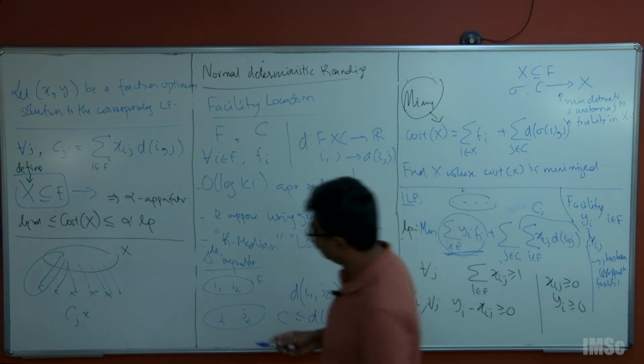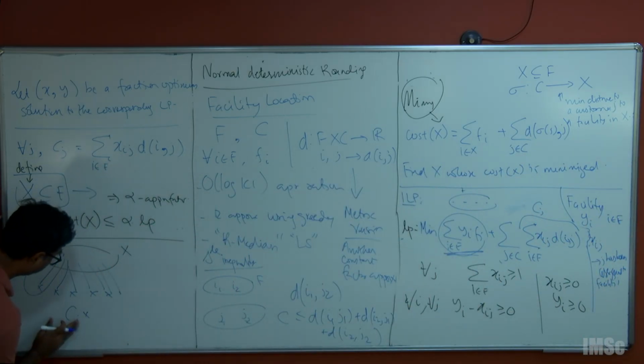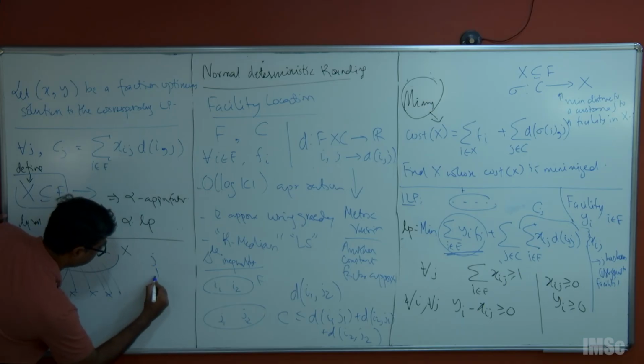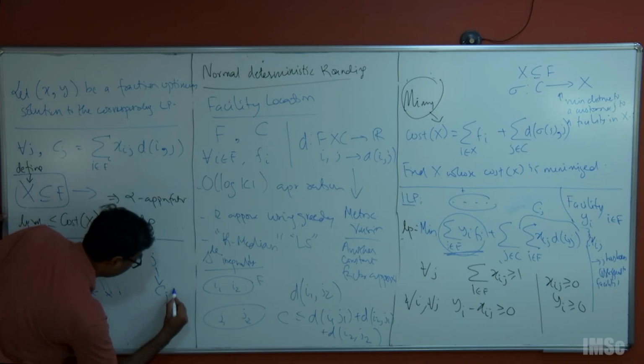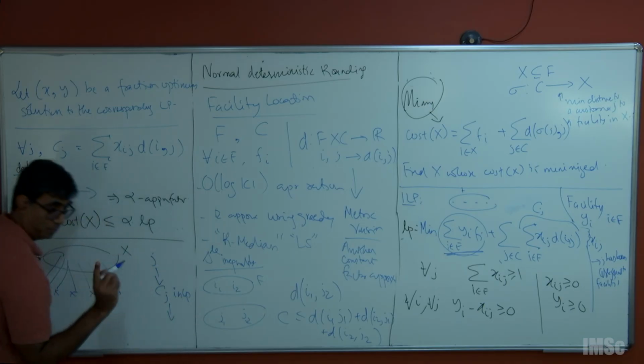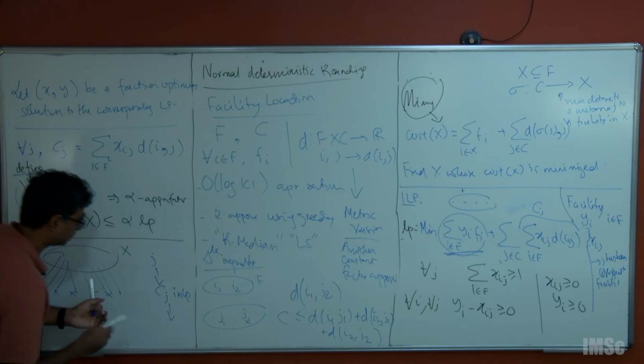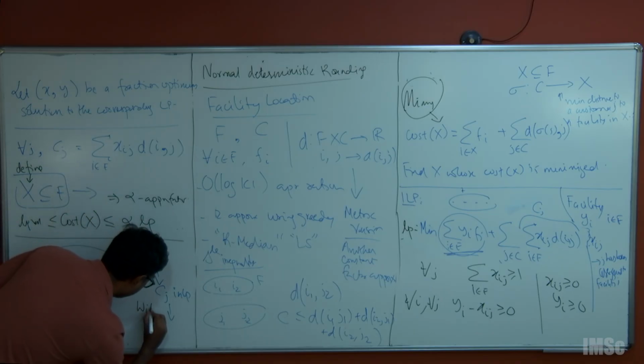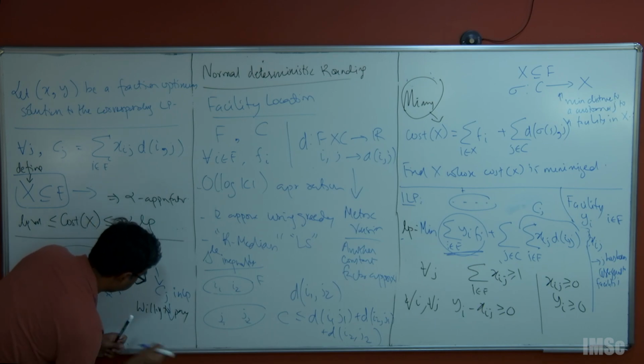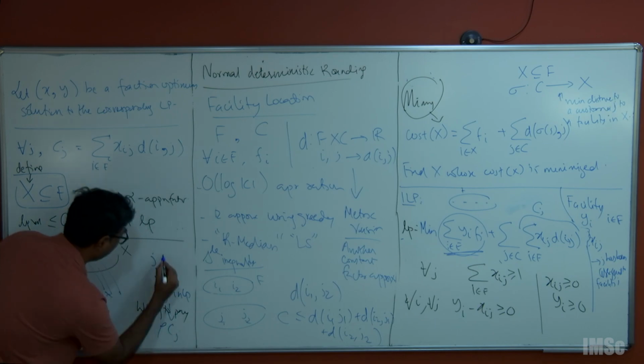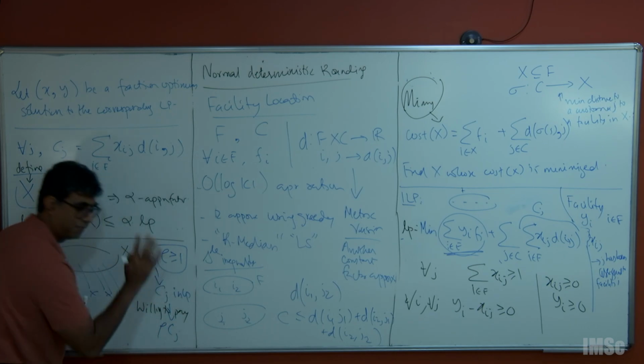Okay. So to do that, I say I am fine. Customer j says I pay C_j in LP, but how much am I willing to pay? I am willing to pay rho times C_j. Rho is some number greater than or equal to 1. We will fix that.